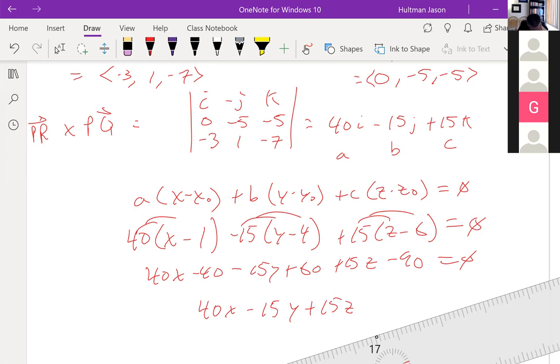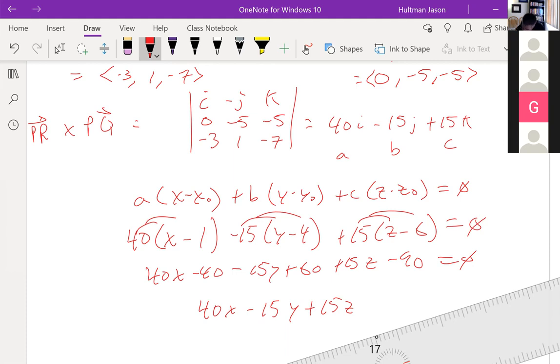What do we got here? Negative 90. Oh, is this a plus? Is this a negative one? I don't know what I did. No, that's right. So it's 40x. Yep, that's right. Okay, minus 40. Yeah, that's right.